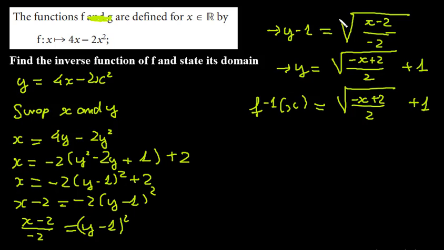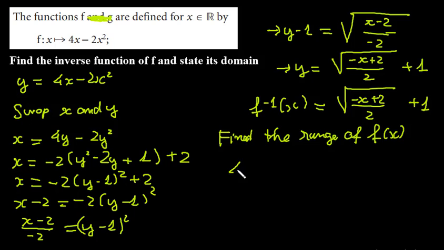And we want to find the domain of f minus 1 of x. So it will be the range of the function f(x). So now we go into the range of f(x). We have 4x minus 2x squared, which can be converted by the same method to minus 2 multiplied by (x minus 1) squared plus 2.